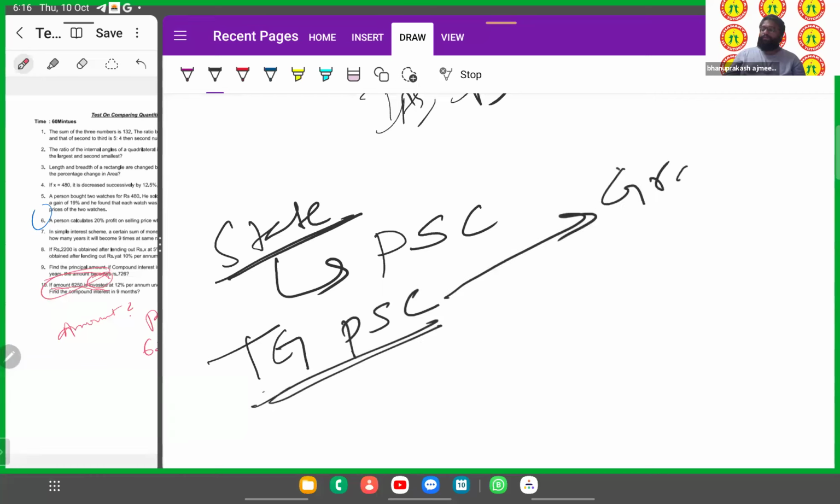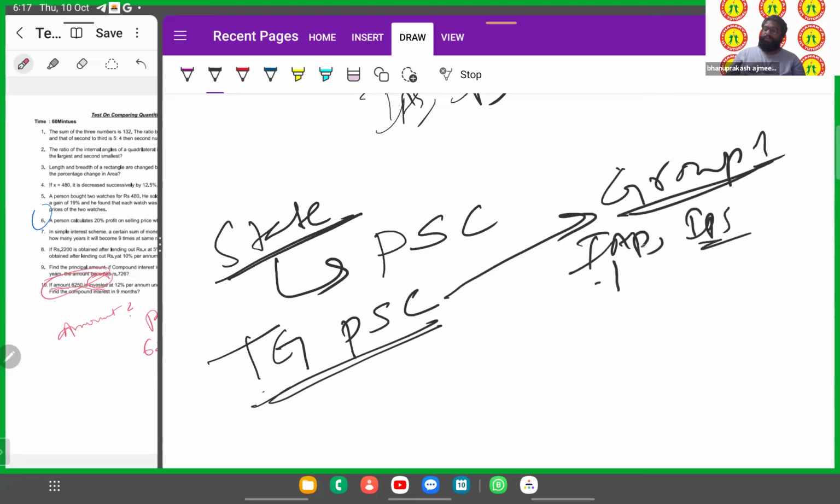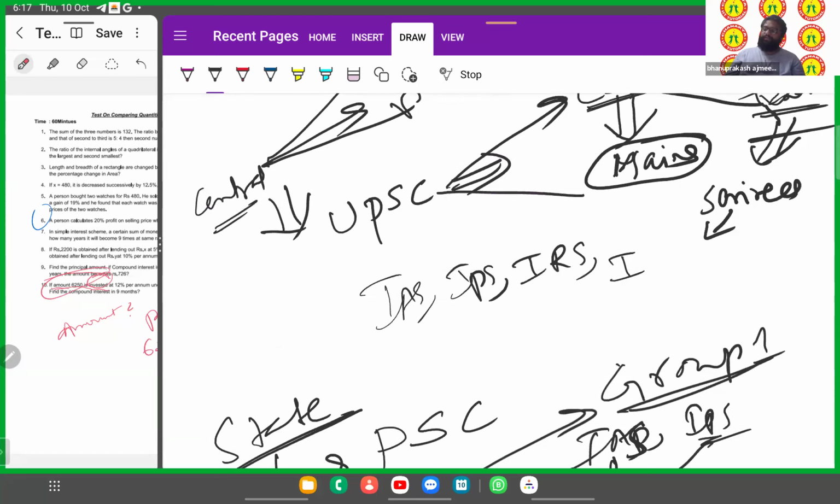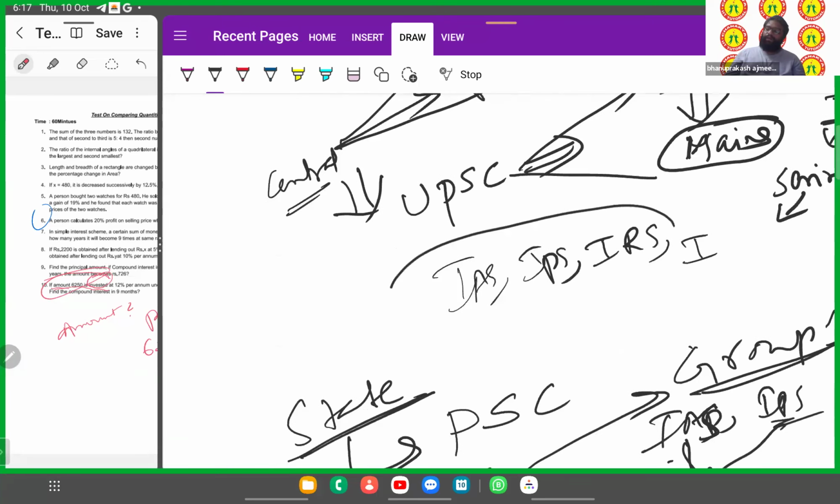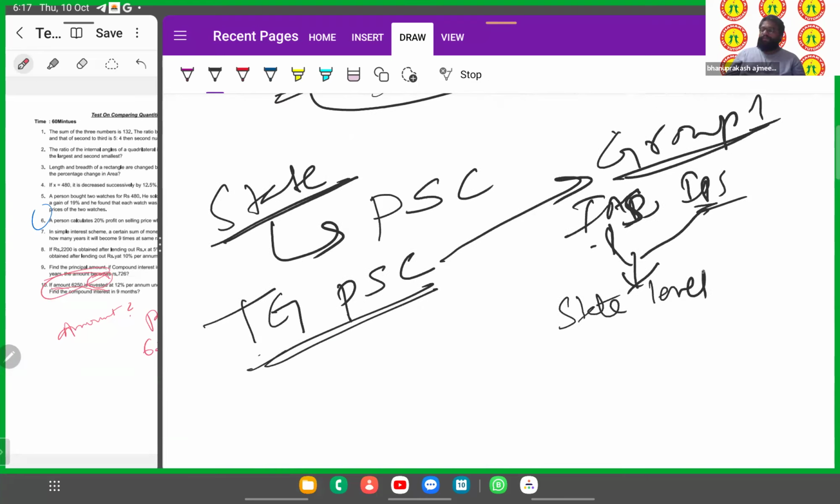Group 1 is similar to IAS and IPS officers, but at state level. Here, the central service can give you a posting anywhere in India, but with this exam, it is the same cadre, but you will be allocated only in Telangana.